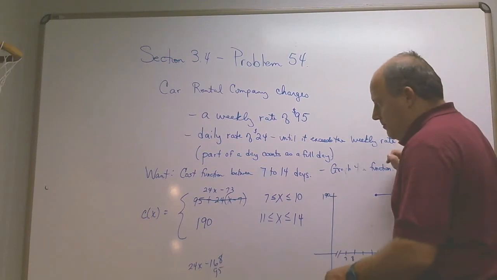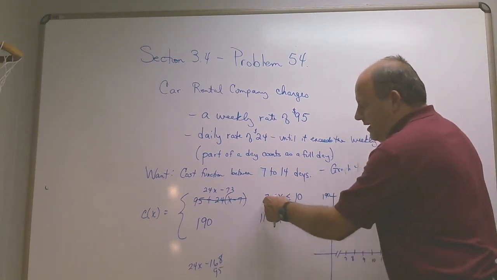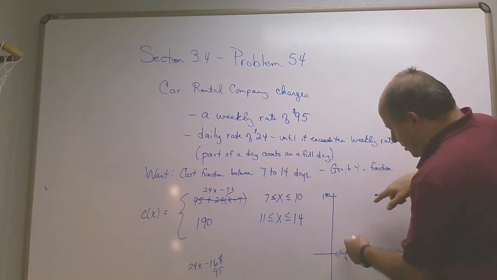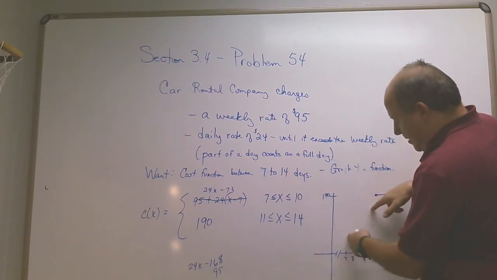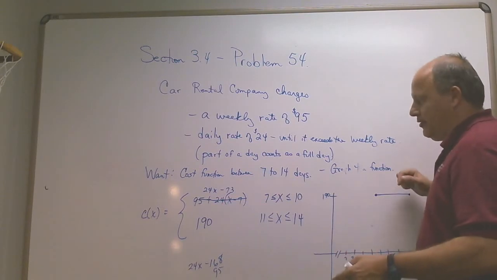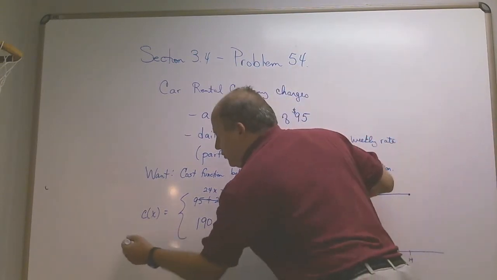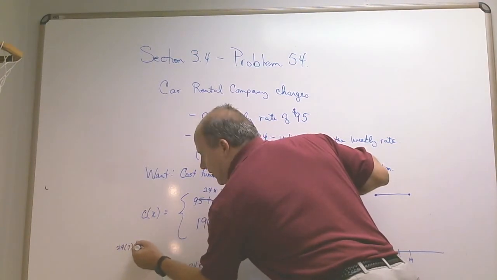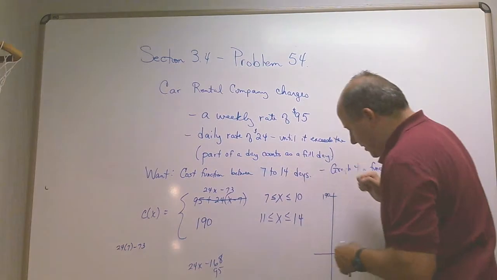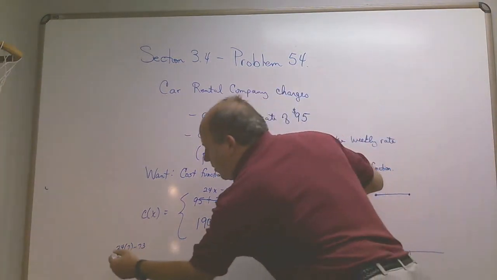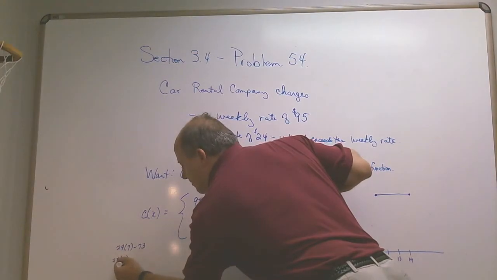So to get those numbers, you can just plug 7 in and get a point, plug 10 in and get a point, and then you'll have 2 points, and then plot those points. And I don't have a calculator, so it might take me a little bit, but what you would do is 24 times 7 minus 73, get that answer and plot that point wherever that's at, and then do 24 times 10 minus 73.